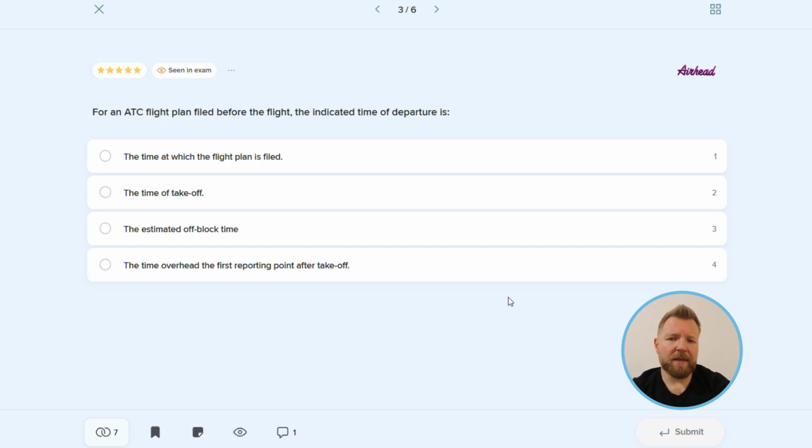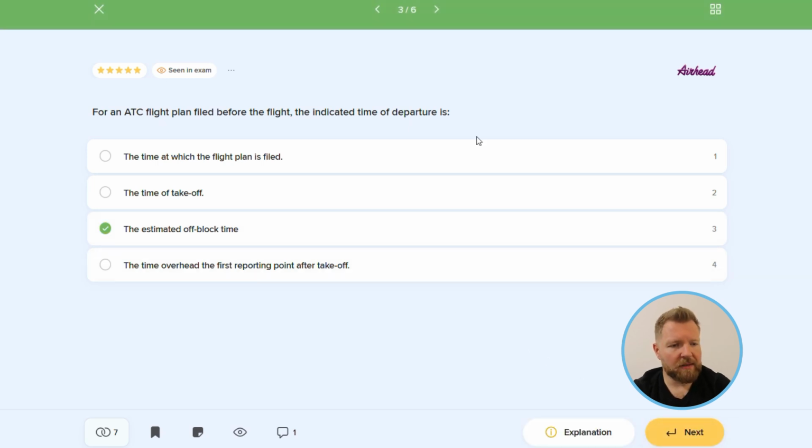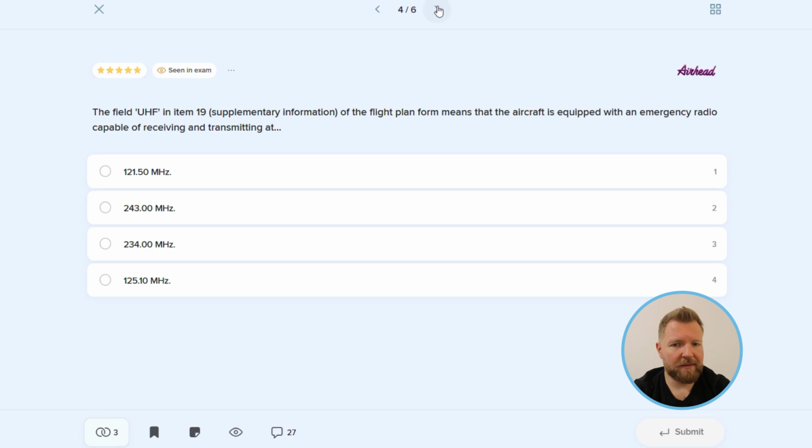In case a flight plan is submitted from the aircraft in flight, then the given time should be the actual or estimated time at the first point to which the flight plan applies. Since the question asks for a departure time for a flight plan filed before flight, the correct answer is answer number 3, the estimated off-block time. And this answer is also correct.